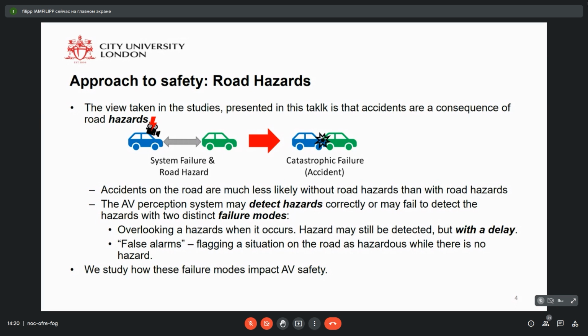So this is the law. Hazards are what causes eventually the accidents. In the absence of hazards, the likelihood of accident is significantly lower.